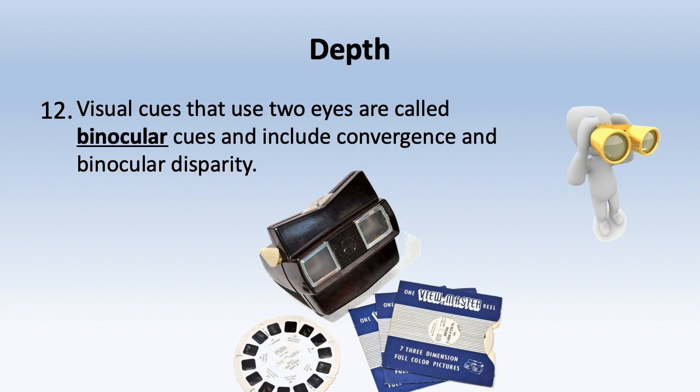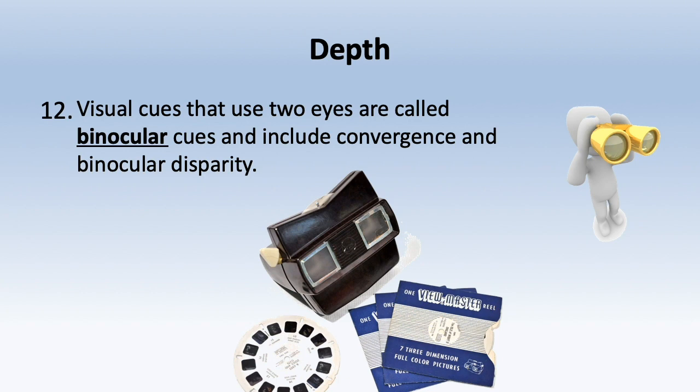Many of you may not be old enough to remember this, but a Viewmaster is the old-timey virtual reality headset. It only allowed you to see photos using these slides, and you had to turn them manually. But it did give you a sense of depth.